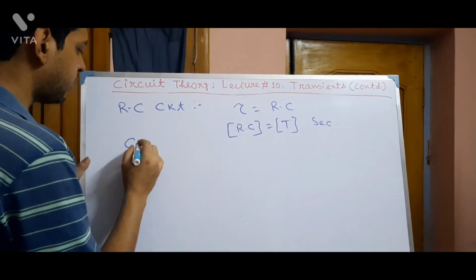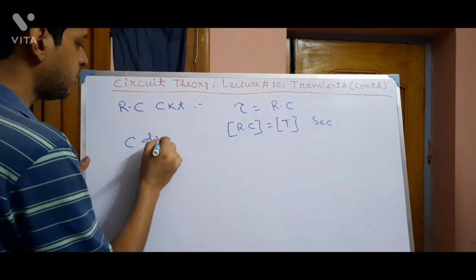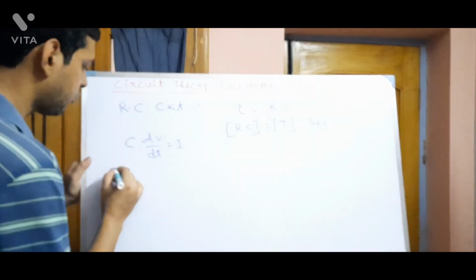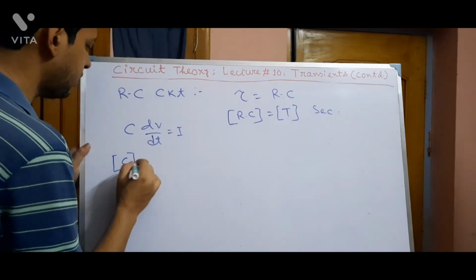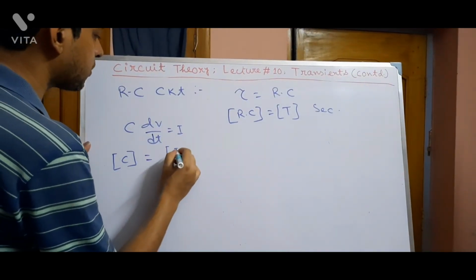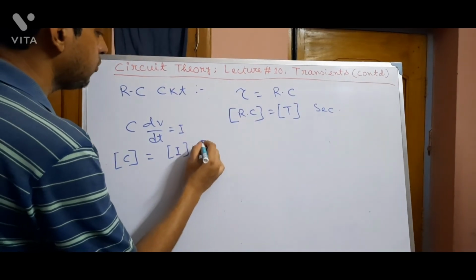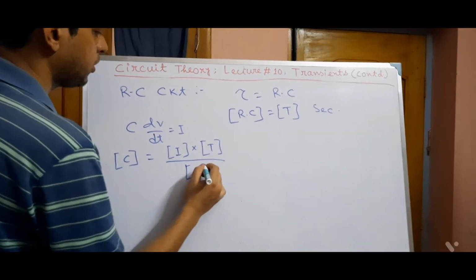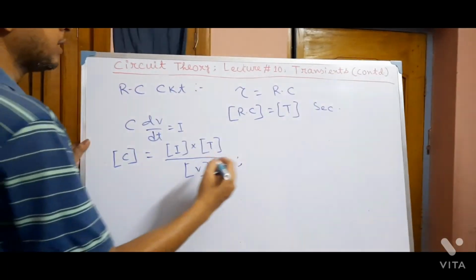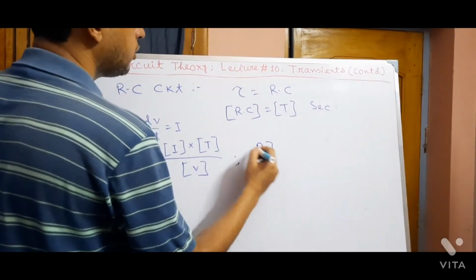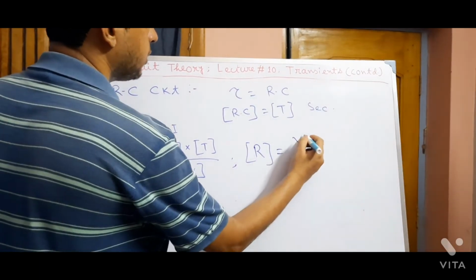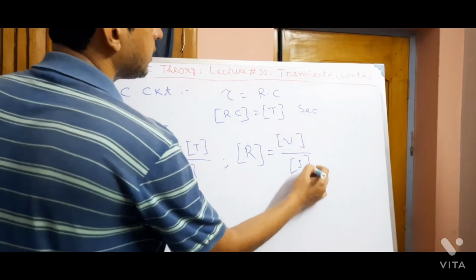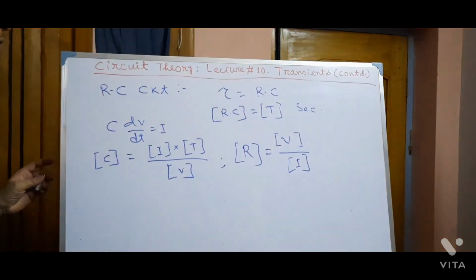So we know that C dv dt equal to I. So the unit of C equal to the unit of current into the dimension of time by dimension of voltage, and on the other hand the dimension of resistance equal to V by I, as V equal to IR.